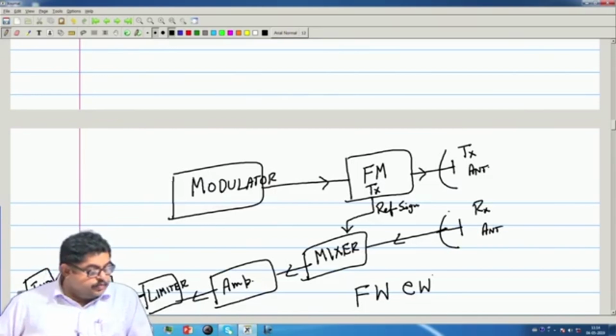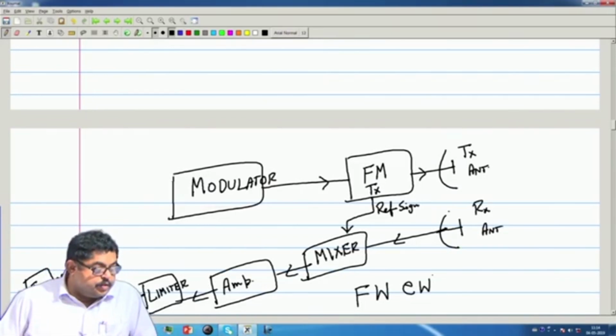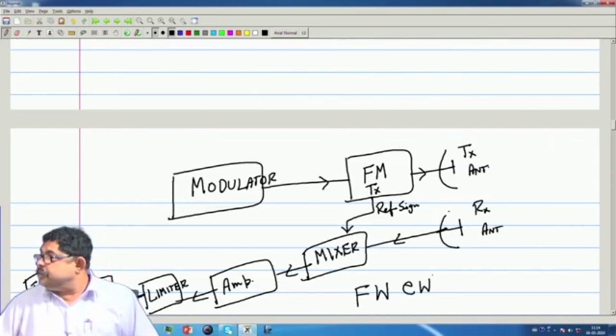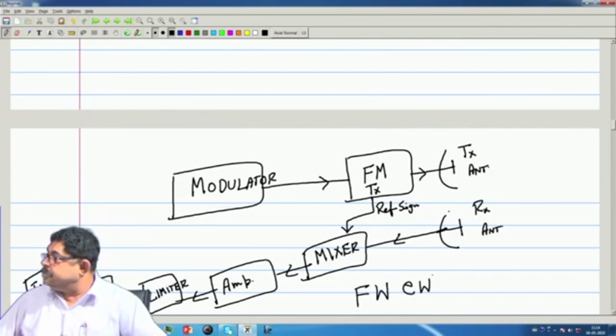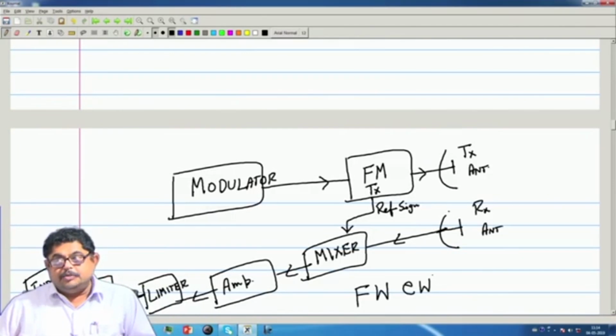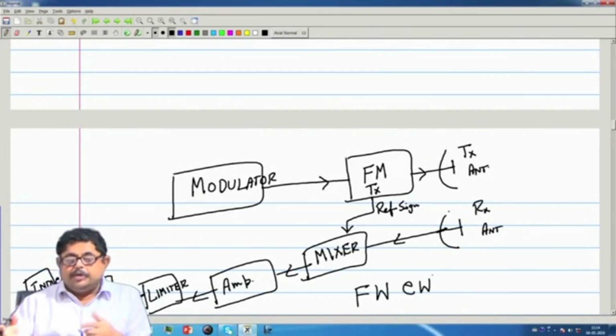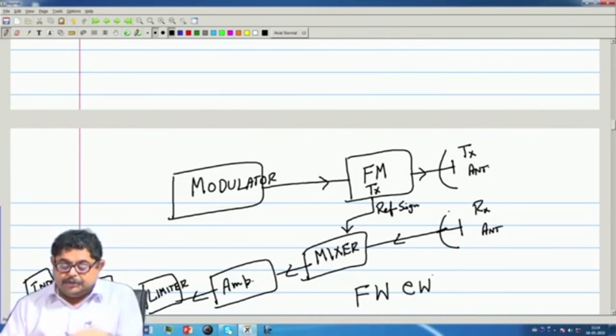Okay. Now, as I said, this is the FMCW. Range measurement can also be done with a CW radar, not by frequency modulation but by doing something else with the frequency.